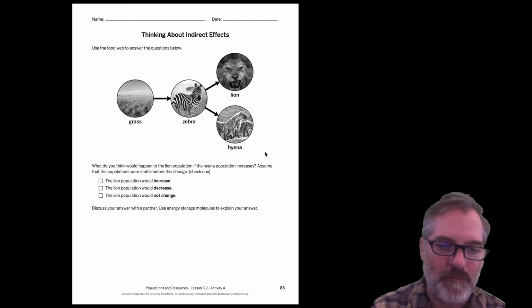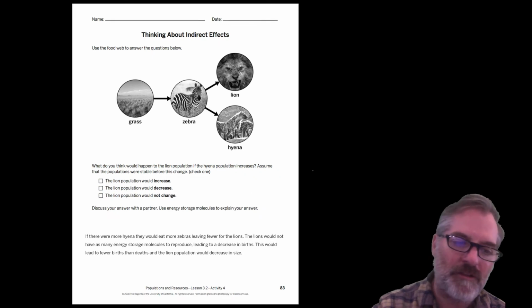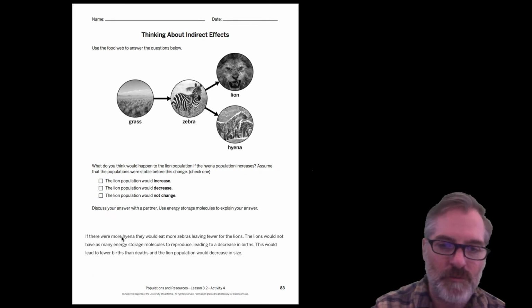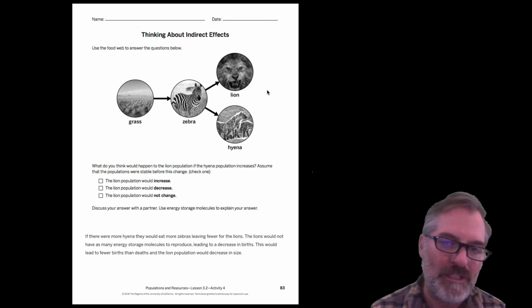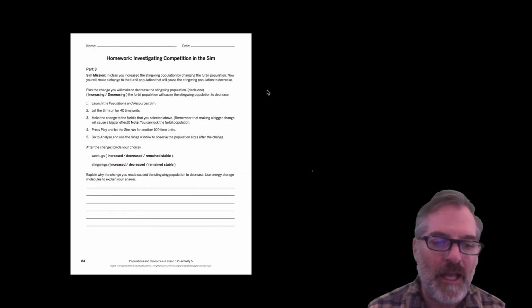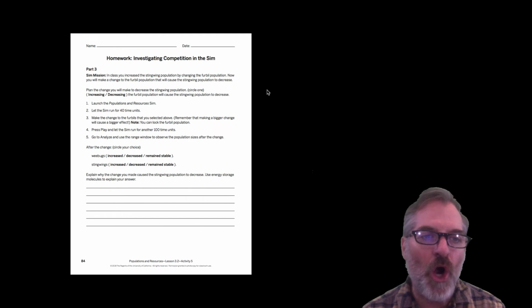What do you think is going to happen? So hopefully you chose that the lion population would decrease. And again, very similar to at the beginning, we talked about this response here. Hyena goes up, eating more of the consumer resource, less for the lions. Lion population would decrease.